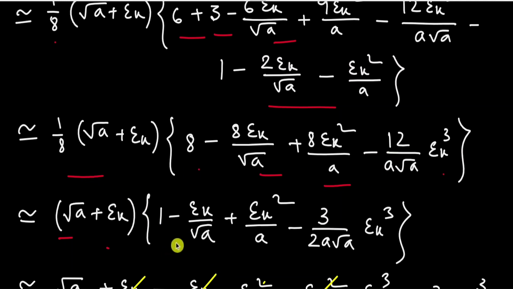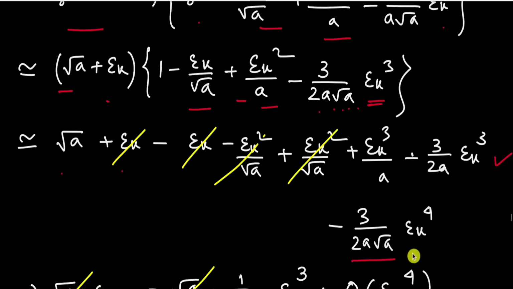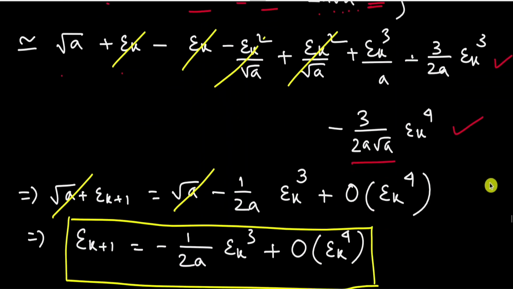This gives 1 minus epsilon k by root a plus epsilon k square by a minus 3 by 2a root a epsilon k cube. So this is equal to root a plus epsilon k, minus epsilon k by root a plus epsilon k square by root a plus epsilon k cube by a minus 3 by 2a epsilon k cube minus 3 by 2a root a epsilon k to the power 4. So the root a cancels.